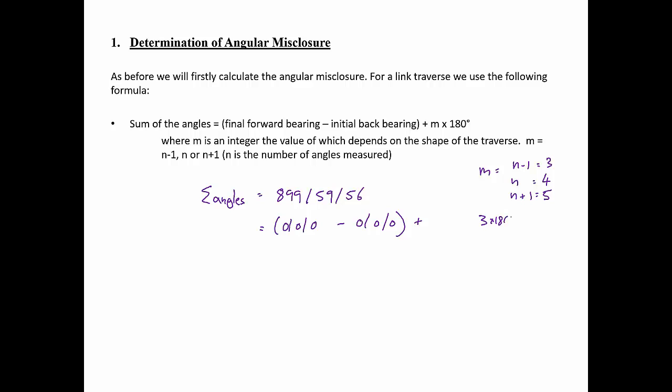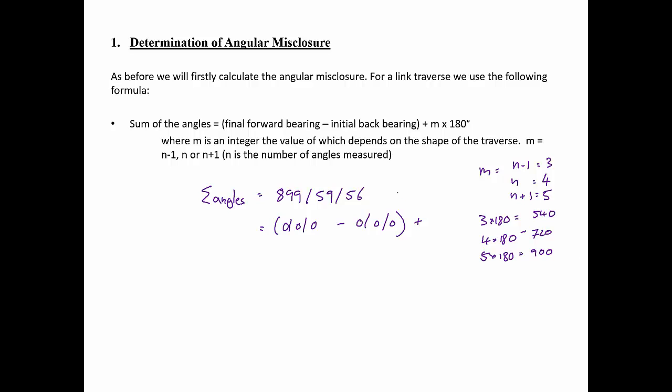Three times 180, 4 times 180, 5 times 180: 540, 720, or 900. And what you're looking for is the closest match to the sum of your angles.